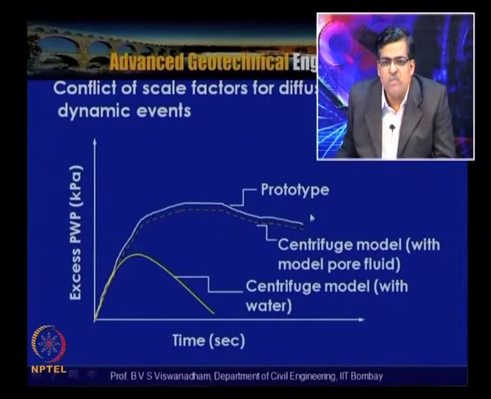You can see that the slope of this line is much flatter than the slope of this line, which is shown here and here, and this indicates that this is the curve which we may get if we have the centrifuge model with the model pore fluid.